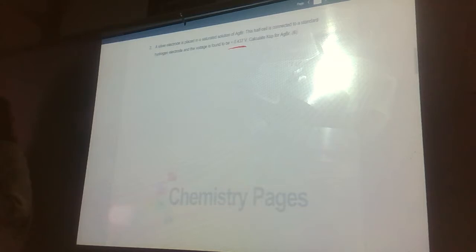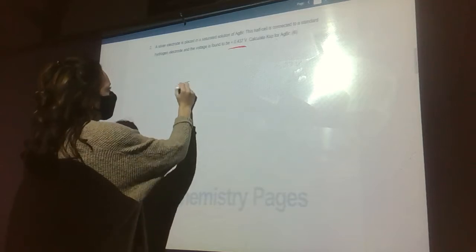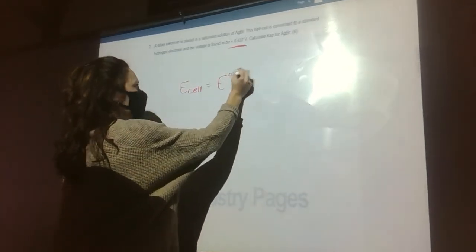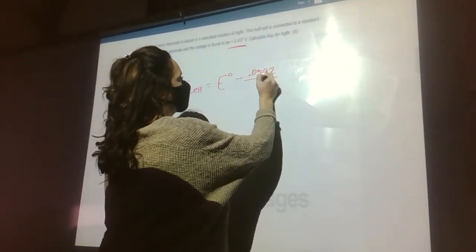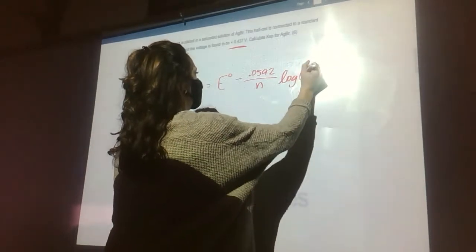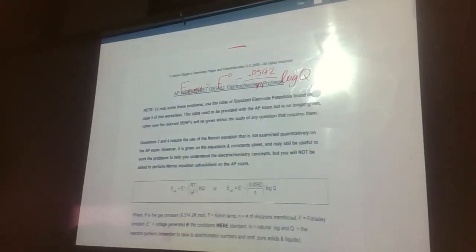We must not be at standard conditions. So it should be E cell equals E naught minus 0.05 log of Q. This equation up here.